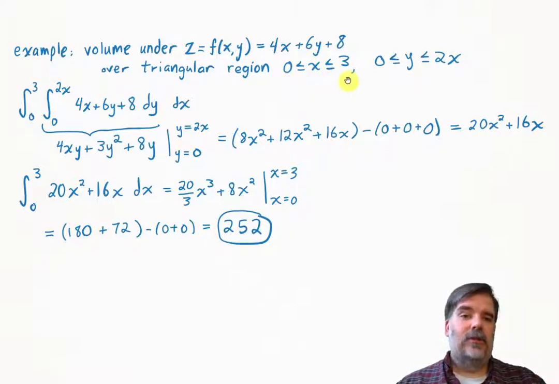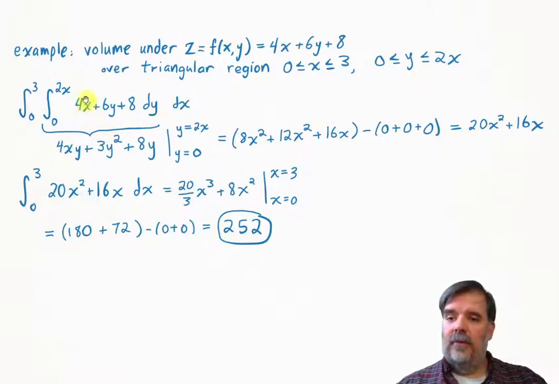So x ranges from 0 to 3, while y ranges between the functions from 0 to 2x. So we set up the double integral, and we first focus our attention on this inner integral. Integrating with respect to y, x is a constant.